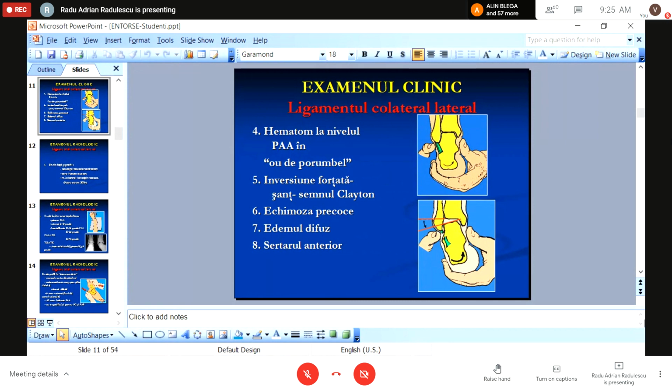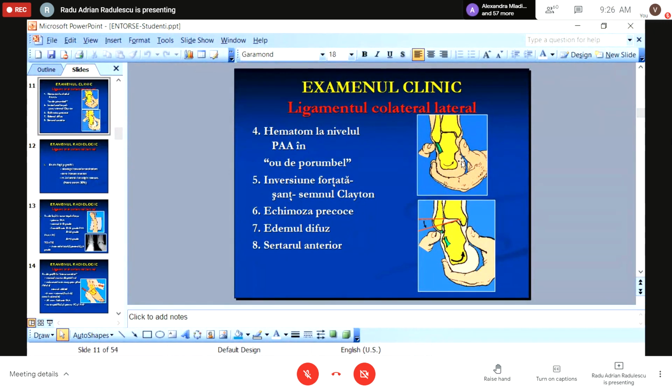The ankle is usually swollen, so we go now to the physical examination. At simple inspection, we may see that in comparison with the contralateral ankle, on the lateral aspect of the ankle we have a prominent swelling.